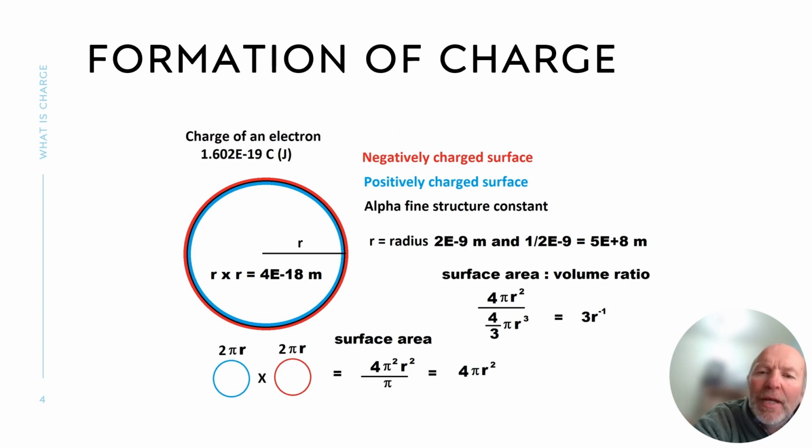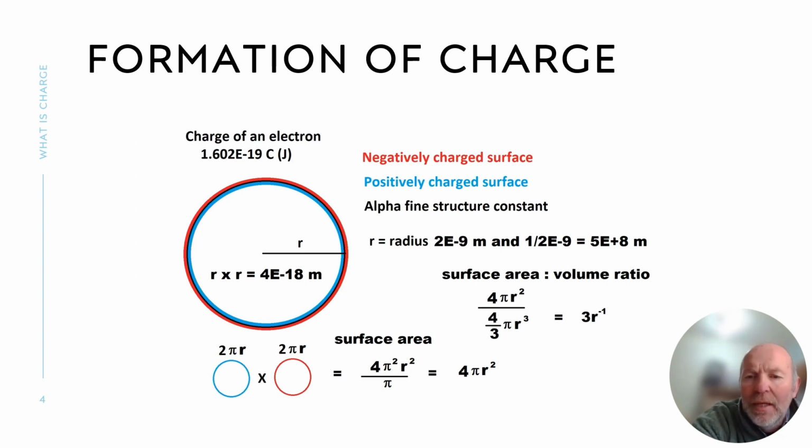So the actual calculation of 4 pi r squared is performed with the 5e to the plus 8 as the radius in this model, using an inverse square law approach based on the electron being 4e to the negative 18 meters as a diameter.